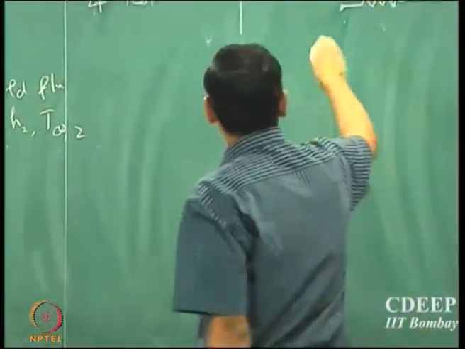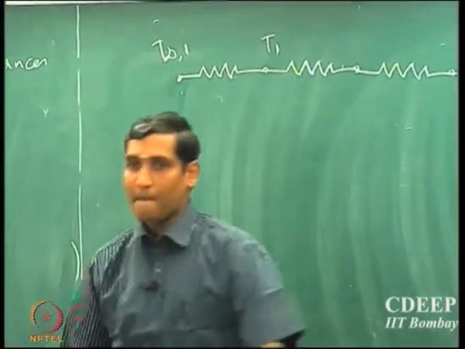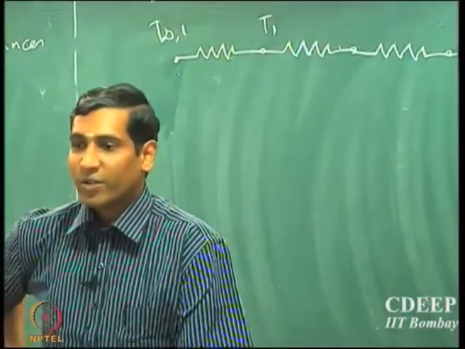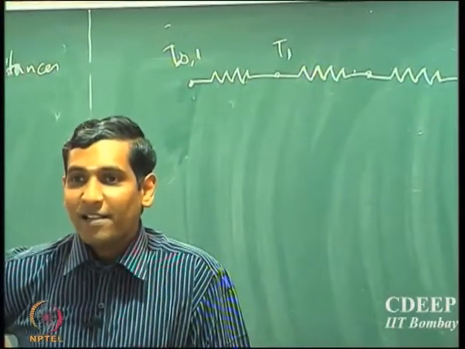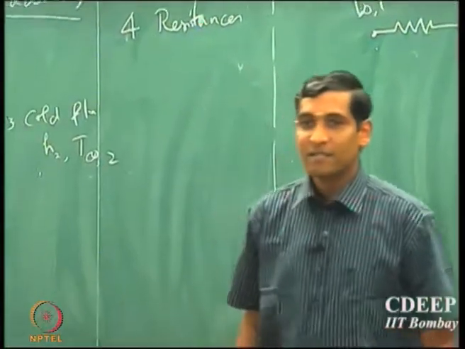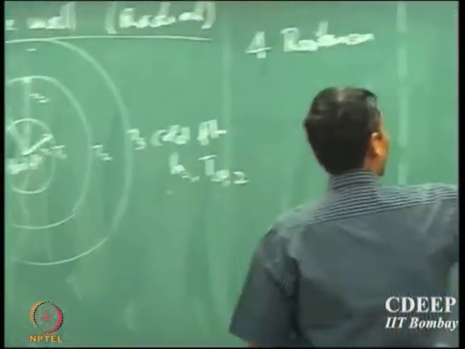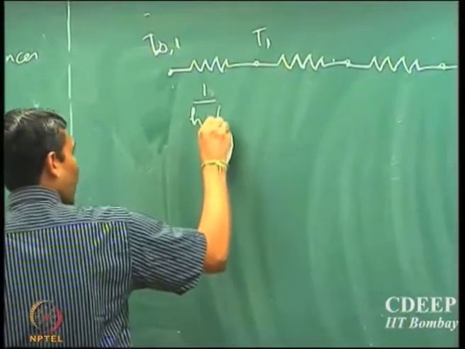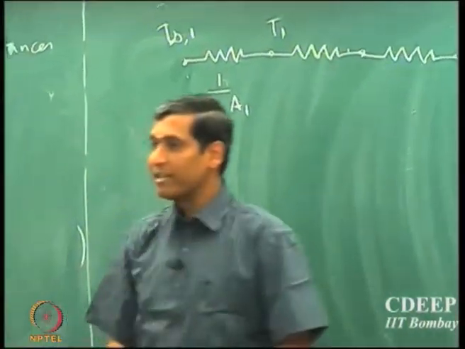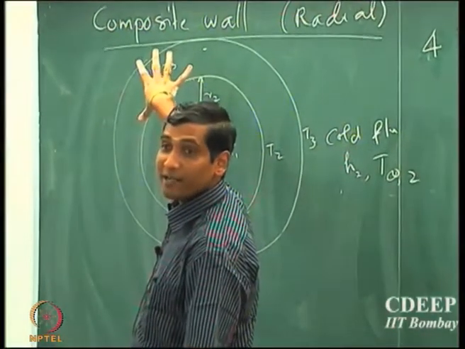What's the first one? T infinity 1 and T1. What's the first resistance? 1 by H1A. Now, what is the area? So, I should say 1 by H1A1. Note that the area is now different in the inside and the outside.